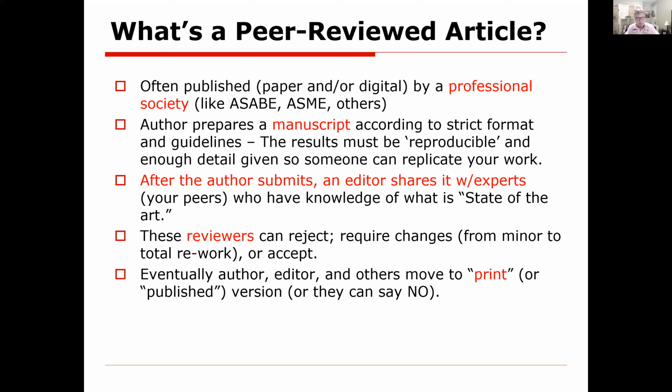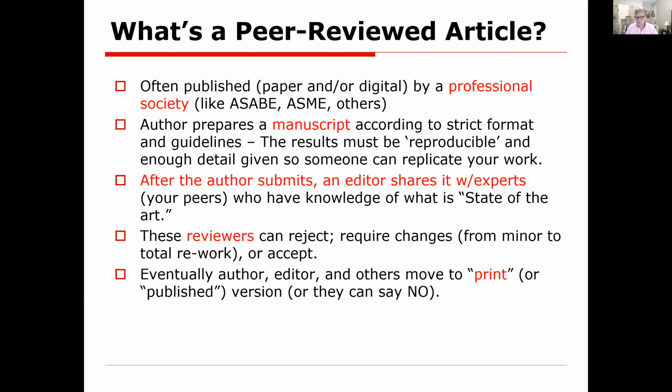So the idea is full transparency, full documentation of every step, everything that was done, to allow a person to learn from the other person's work and also in the future to maybe be able to recreate that work.